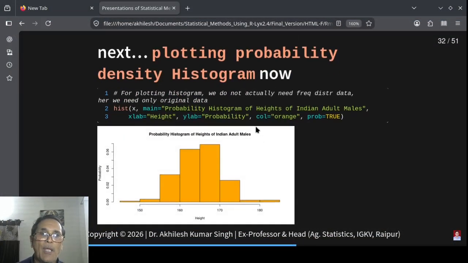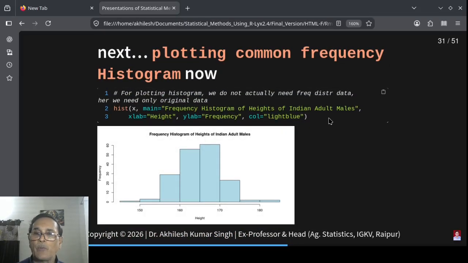Next, plotting probability density. What is the difference from the earlier one? That was a frequency plot; this is the probability density plot. Everything is the same except this parameter: we say probability is true. In the previous one there was no probability true, which means by default probability is false.